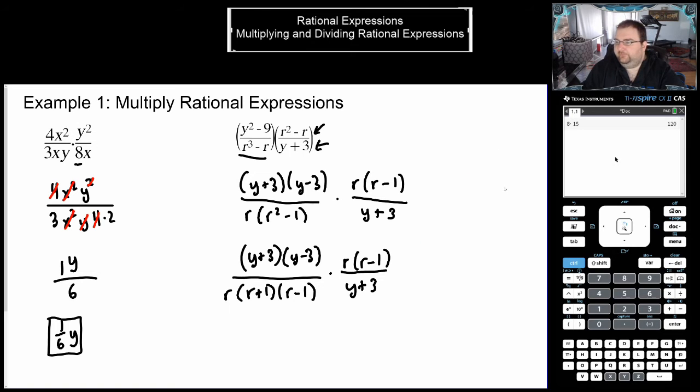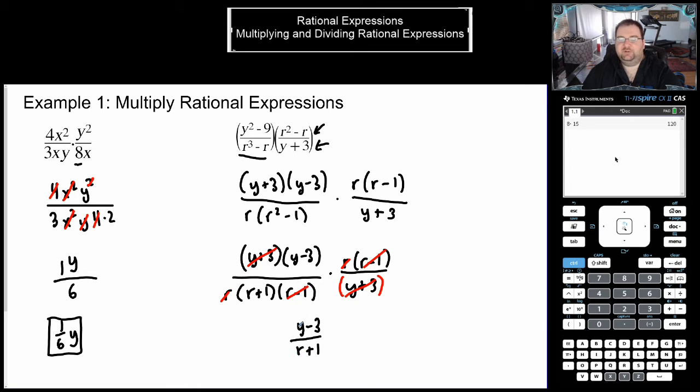And now that we're fully factored out, we can start canceling, right? And I'm just going to put this in parentheses. So I have y plus 3, r minus 1, r minus 1, r and r, and I'm not left with very much left. So again, this process has saved me a ton of work in the future. I have y minus 3 over r plus 1.